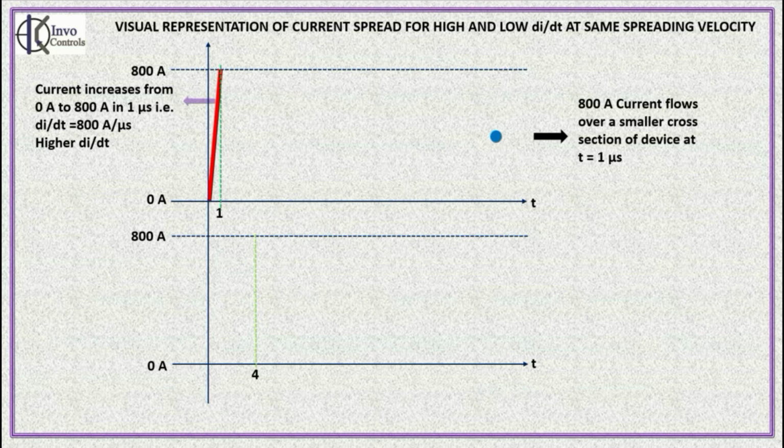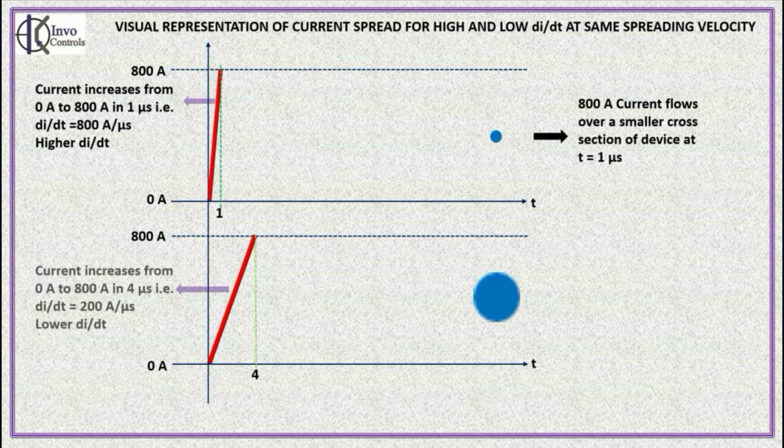Now consider another case. Assume low circuit di by dt of 200 amperes per microsecond. Due to low di by dt, anode current takes more time, specifically 4 microseconds, to reach 800 amperes.